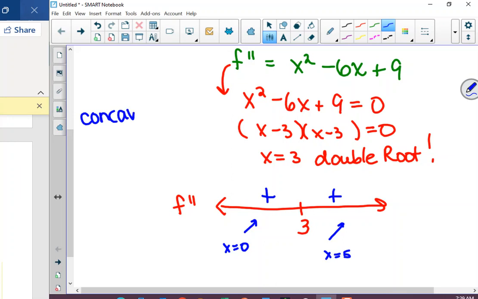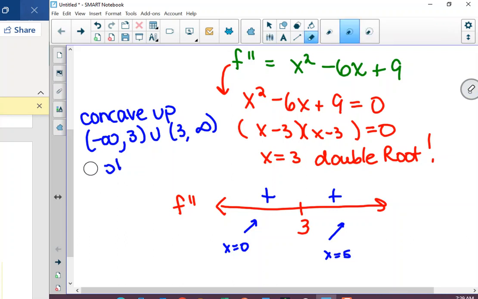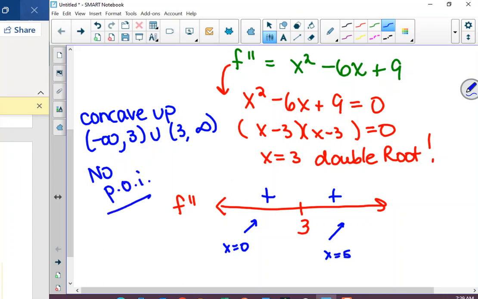And so I would get my function is concave up from negative infinity to 3 and 3 to infinity, which is possible. No point of inflection. It's possible to have one type of concavity with no point of inflection.